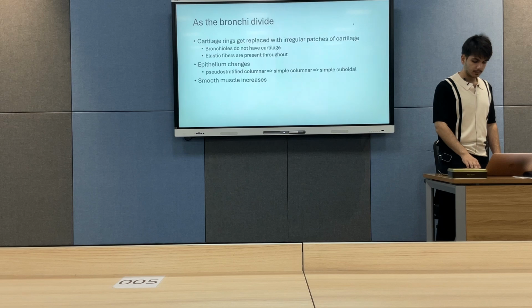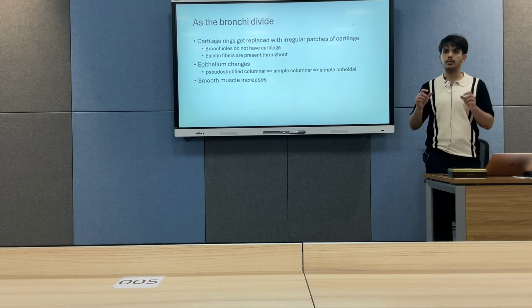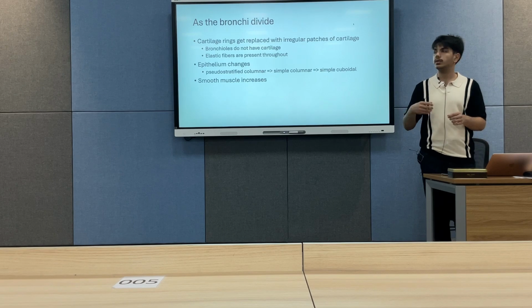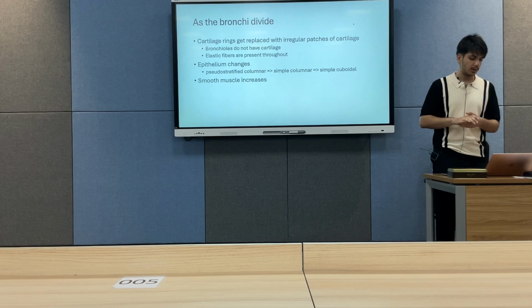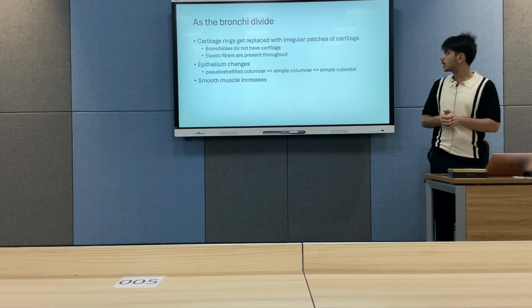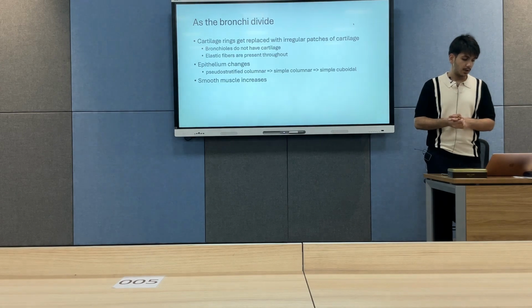As the bronchi divide, the cartilage rings that surround the bronchi get narrower and narrower until they are replaced with regular patches of cartilage. Bronchioles do not have cartilage, and they lead to where we exchange gases. Elastic fibers are present throughout.